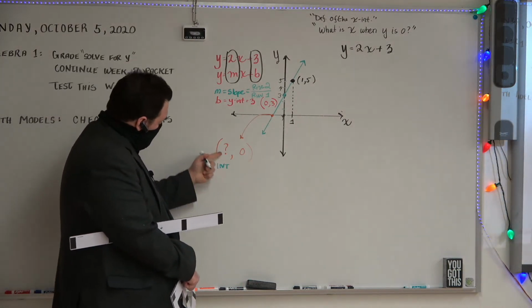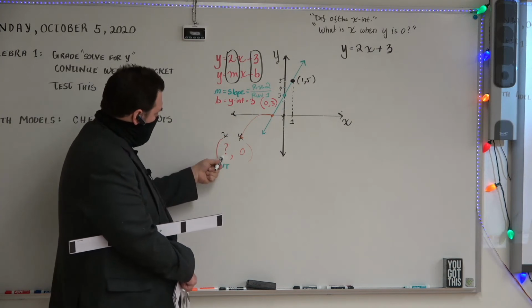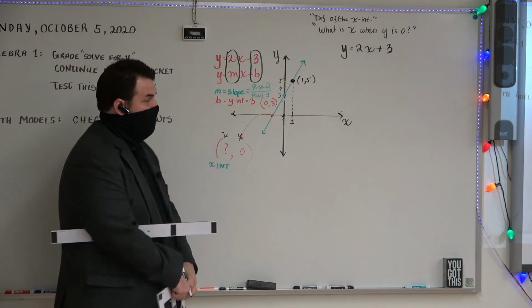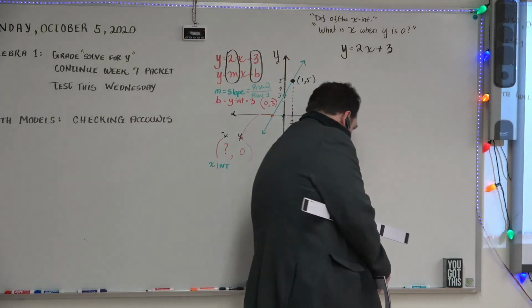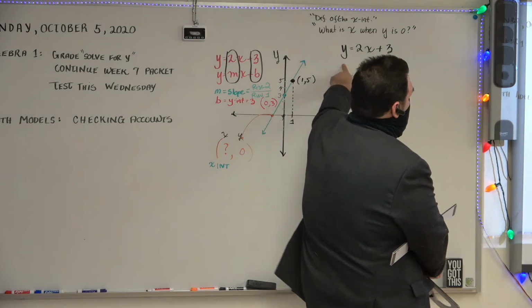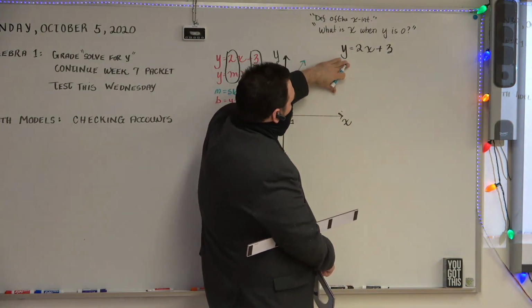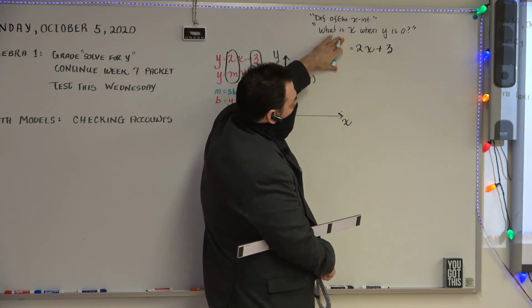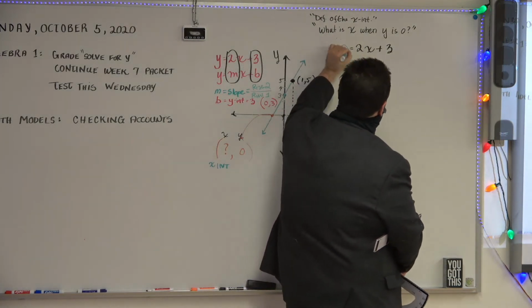Okay, again, this is x comma y. What is x when y is 0? So, what I'm going to do is I'm going to go up here and I'm going to erase my y, and in place, I'm going to put a 0.